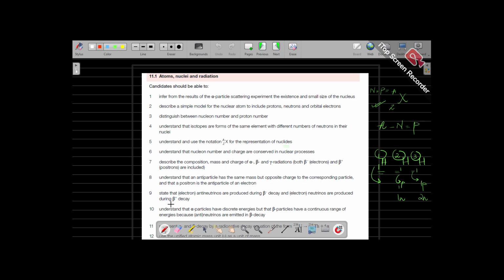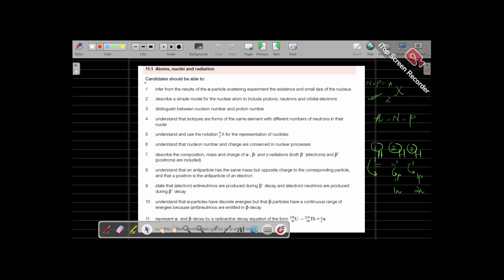Then you have to state that antineutrinos, जिनको electron antineutrino भी कहते हैं, are produced during beta negative decay, and neutrinos are produced during beta positive decay, that we have just seen with the equation and with the statement as well. Then understand that alpha particles have discrete energy but beta particles have a continuous range of energies because neutrinos or antineutrinos are emitted in beta decay.